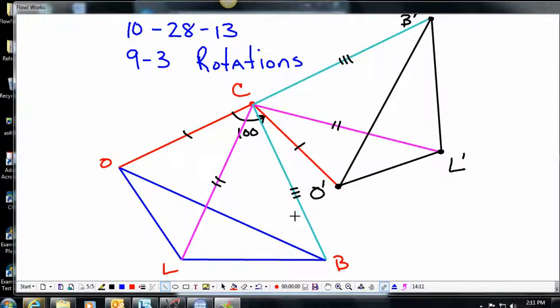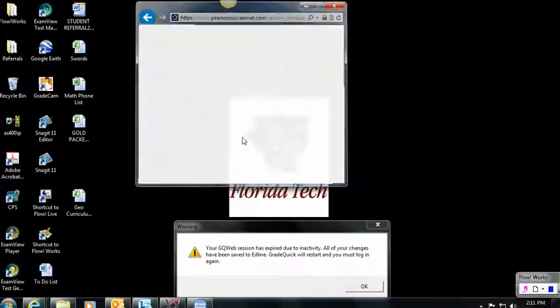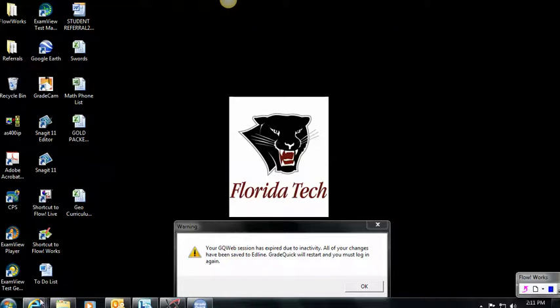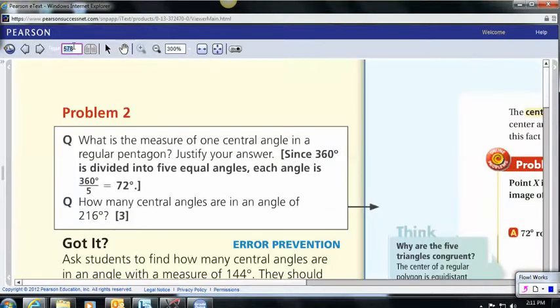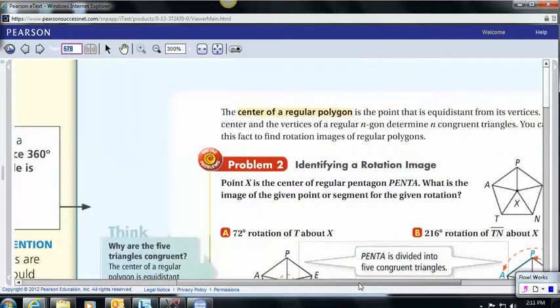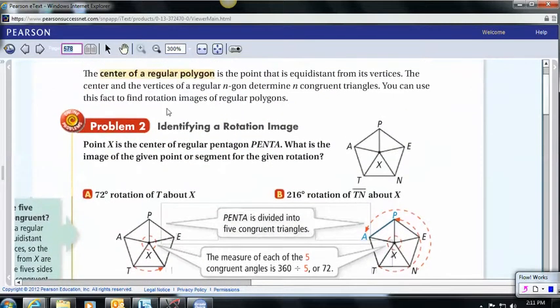Now we're going to talk about a shape rotating where the center of rotation is inside the shape, in the middle of the shape. All right, we're looking at a pentagon here.